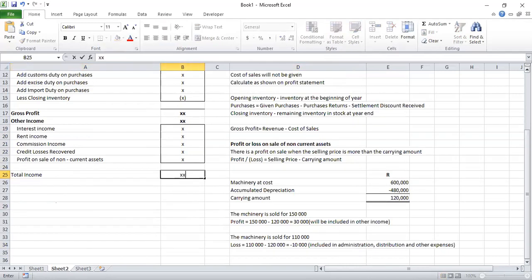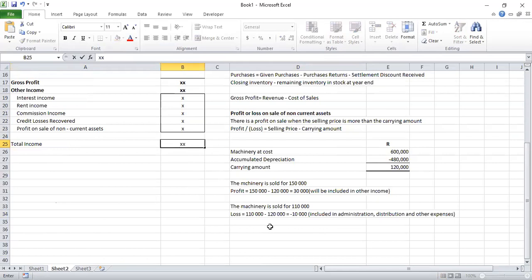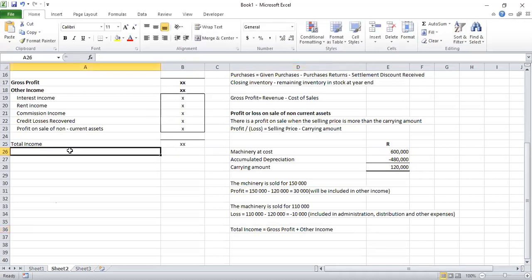Our total income is equal to gross profit, add, sorry, other income. After getting our total income, then we subtract expenses.